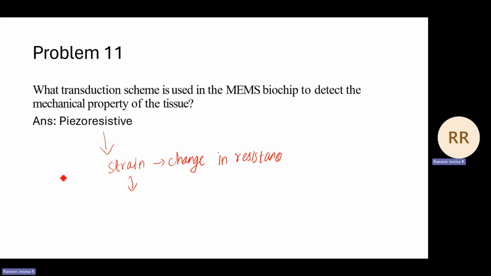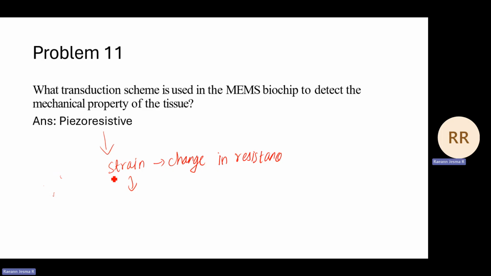Depending on the elasticity of the tissue, the indenter will give some amount of force back to the sensor. And if the particular sensor is having some piezoresistor, then we can easily measure the stiffness of the tissue. So how do we measure the stiffness of the tissue?